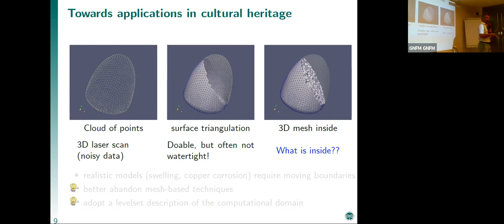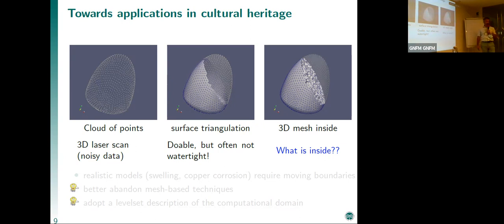Up to the point that if this property is not fulfilled, many methods will actually simply break down. And so even though this first step from the points to the triangulation can be done, most often the triangulations that are obtained are not very regular, or even worse, they're not watertight.